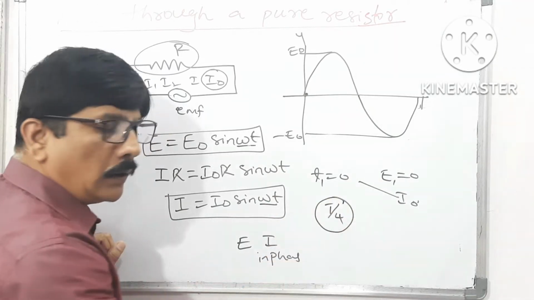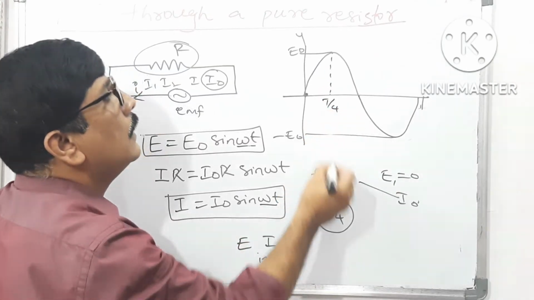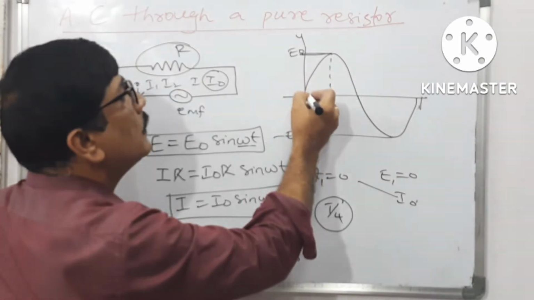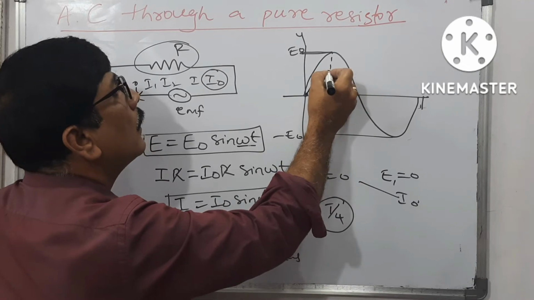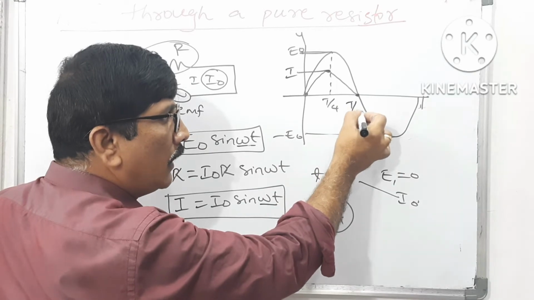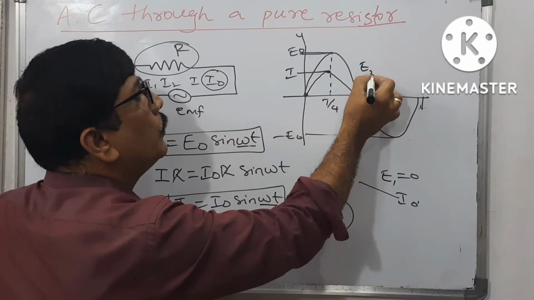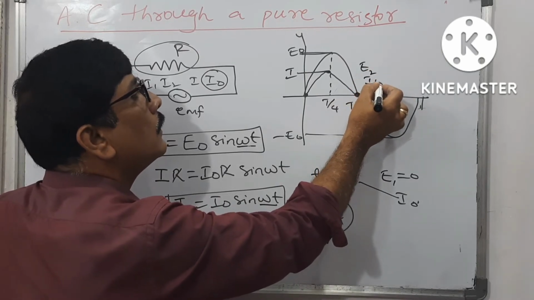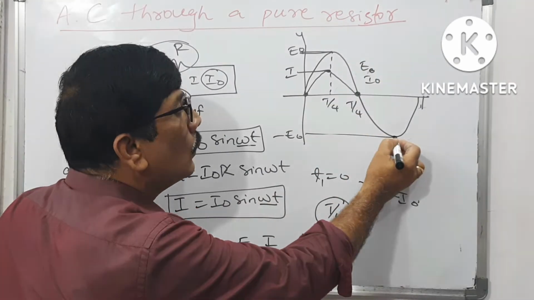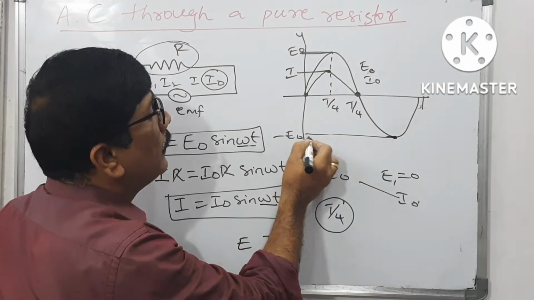After a quarter of the time period, that means exactly after T by 4 seconds, if the electromotive force is E naught, then the current is also I naught. After T by 2, the electromotive force is 0 and the current is also 0. After 3T by 4, if this is minus E naught, this is minus I naught. The current is also changing.